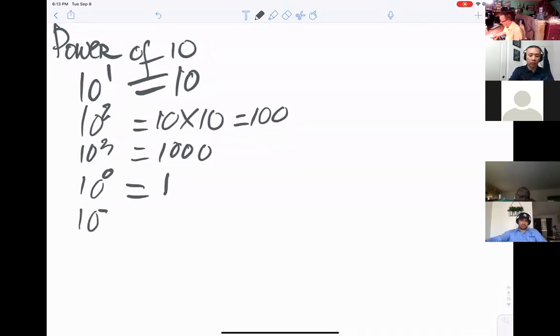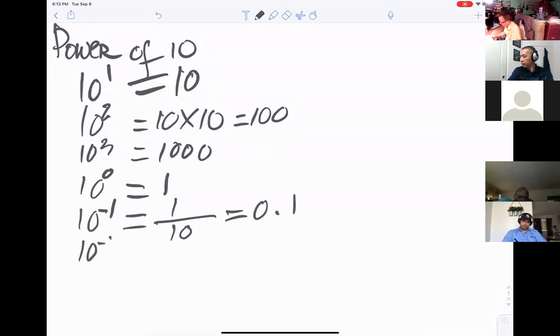10 power of minus 1? 0.1. Okay, that means 1 divided by 10. And 10 power of minus 3, same thing. 1 over 10 power of 3.